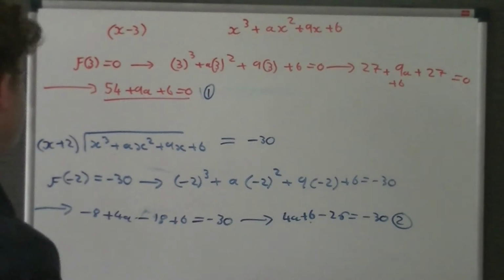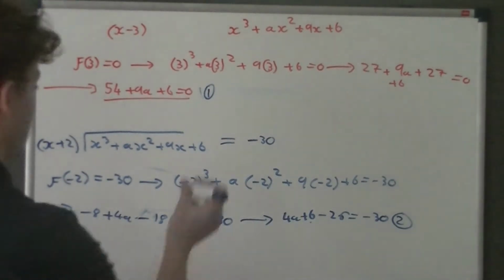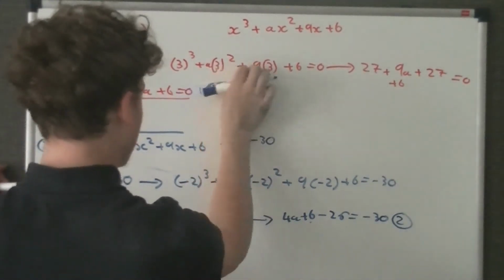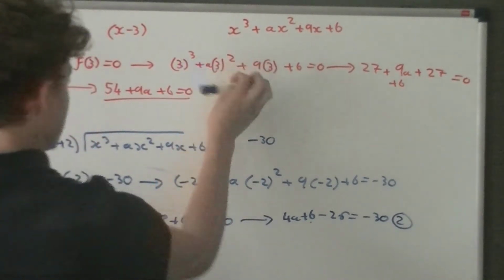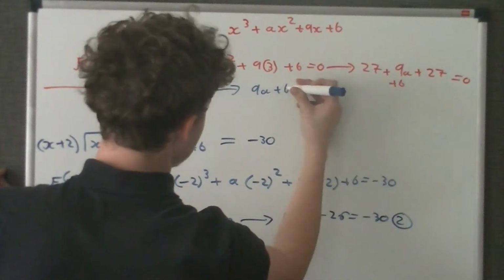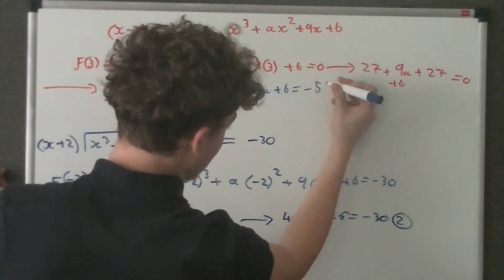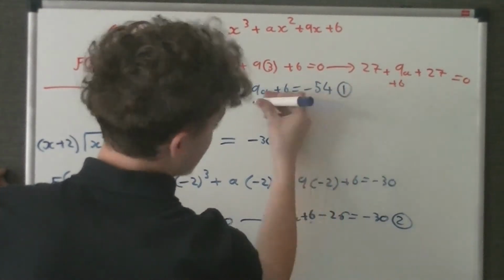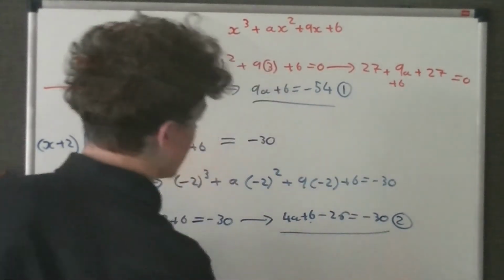Oh, actually no, wait, sorry. Make this a bit easier. So before I do that, 9a plus b equals negative 54. That's one equation, and the other equation is this one.